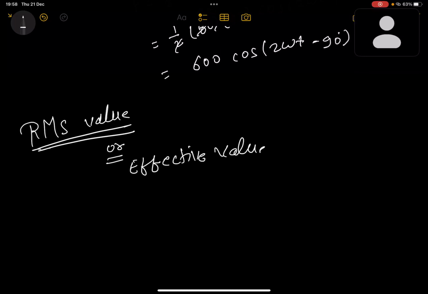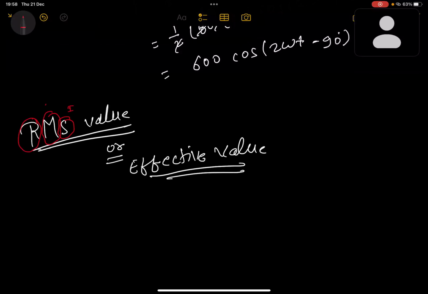The formula for RMS means you have to first square, then take the mean, then the root.